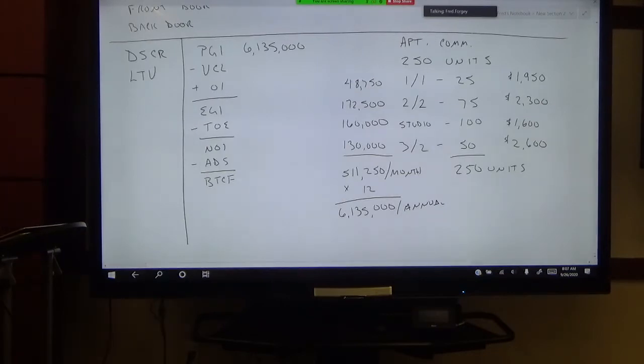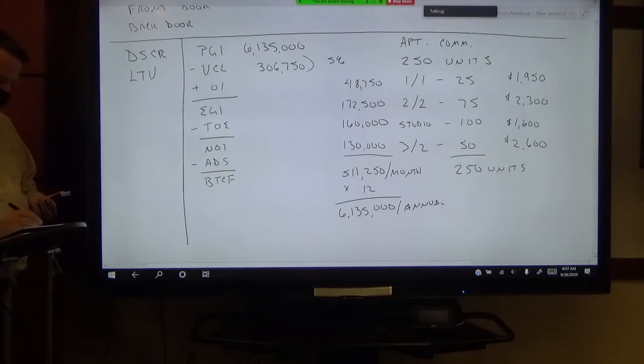Now, to keep things simple, we'll just say across the board vacancy and collection loss of what percent? 5%. Okay.